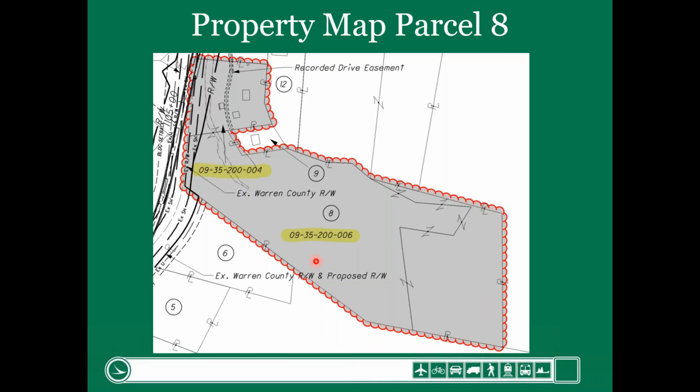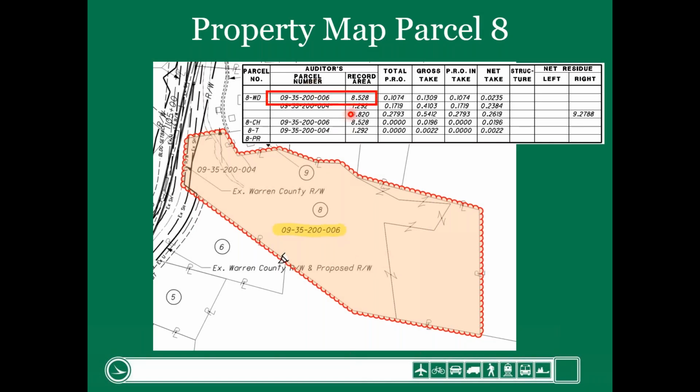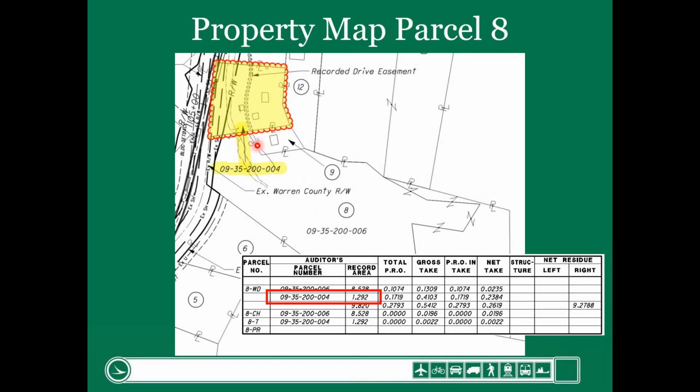Then I want to refresh everybody. This again is parcel number 8, 006. 004 is this area up here. So I'm highlighting 006. You can see this is the 8 acres right here. Here is the 1.292 acres here. Here is our proposed roadway right here.